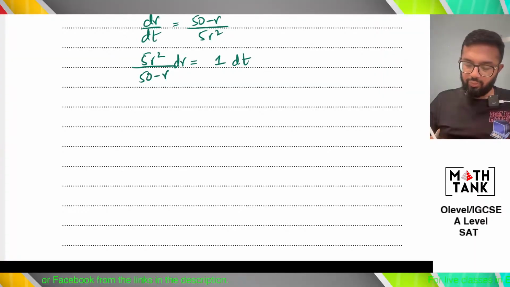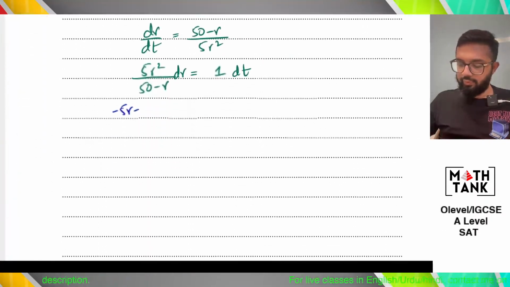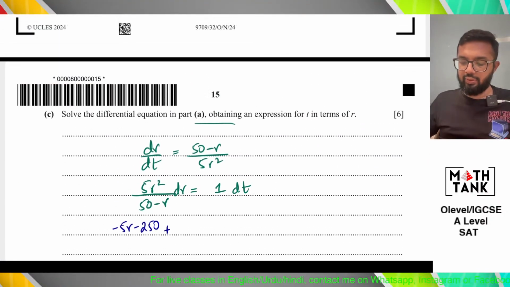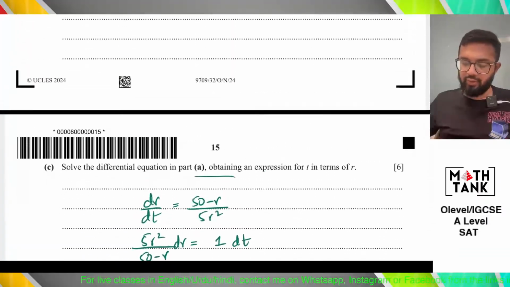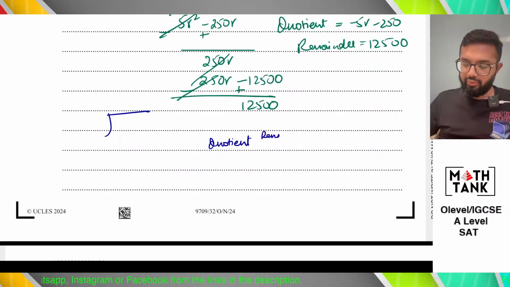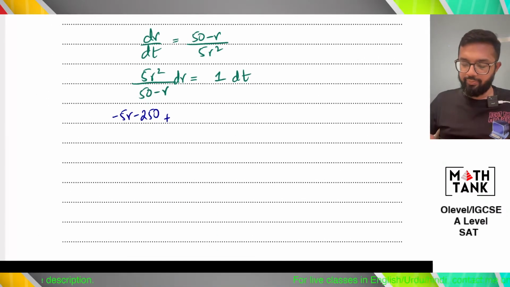So you have a quotient, minus 5r minus 250, plus the remainder over the divisor. Typically, when you write a mixed number, you write the quotient and then you write the remainder over the divisor. In algebra, when you're doing that, you just write a plus in the middle. So 12,500 over 50 minus r.